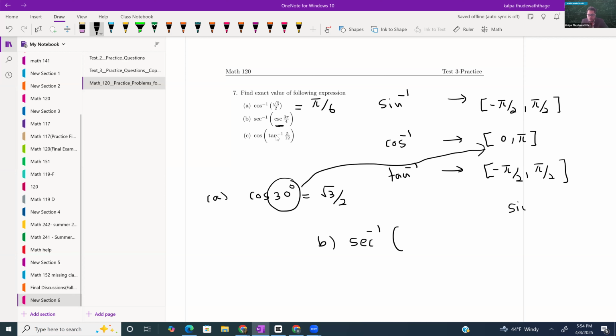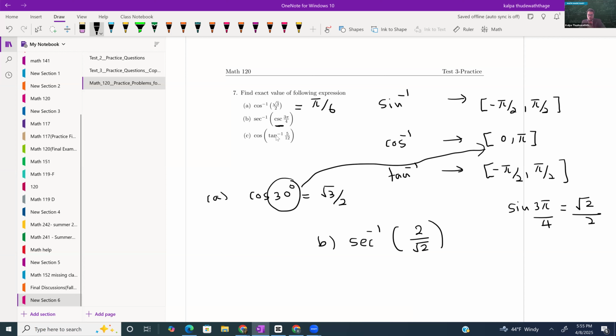So you can find sine 3 pi over 4, which is in the second quadrant, is root 2 over 2. Cosecant is like 2 over root 2. So it's like secant inverse of 2 over root 2.